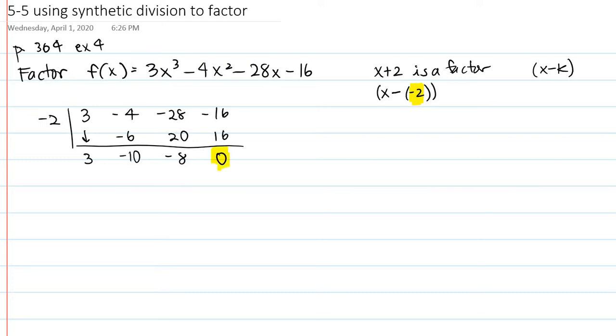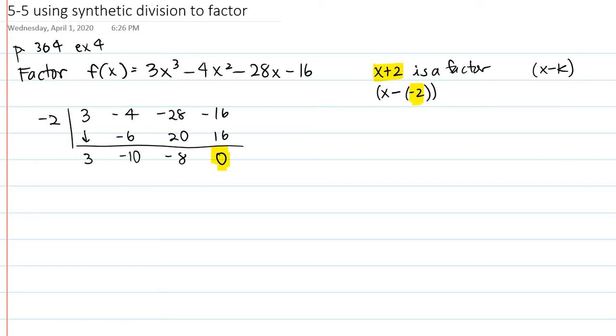This is pretty crucial here. If you don't get 0 here, then that means that this thing was not a factor, which is kind of a problem. But we're mostly going to do problems where I tell you it's a factor, and it is in fact a factor. Okay, these three numbers that you just got correspond with the coefficients of a trinomial if you were able to divide out the x plus 2.